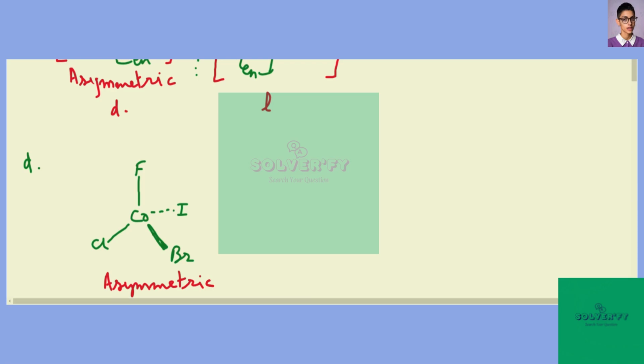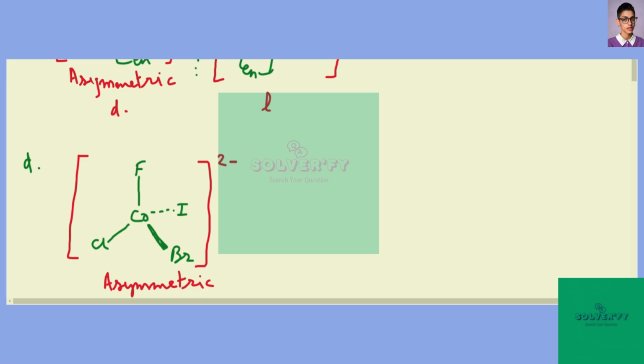It is again an asymmetric molecule, and inside the bracket it should be 2 negative outside it, and if it is an asymmetric molecule, that means it should be optically active.